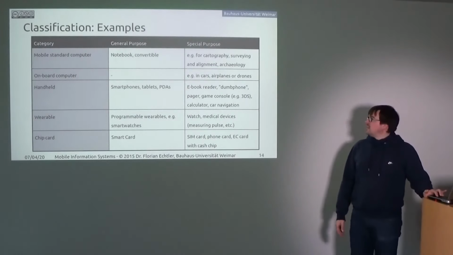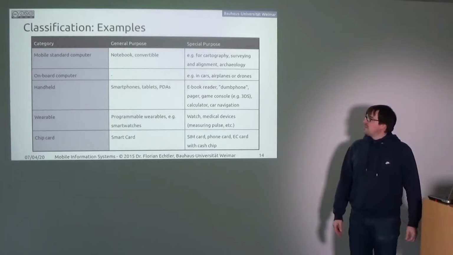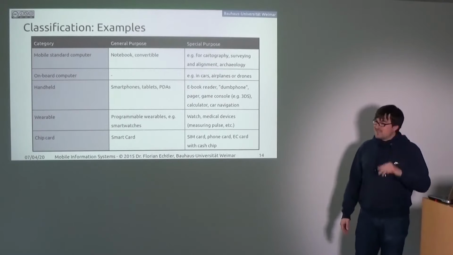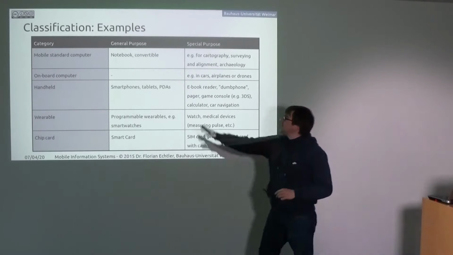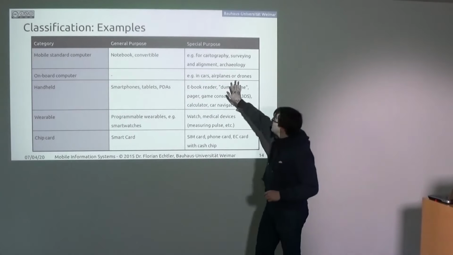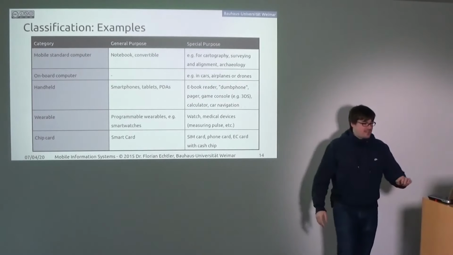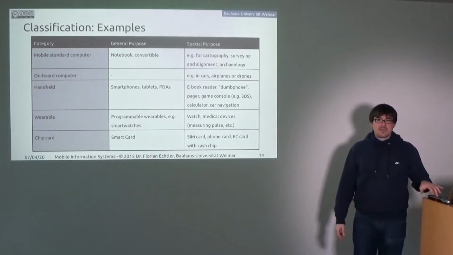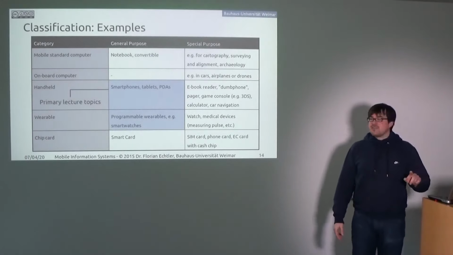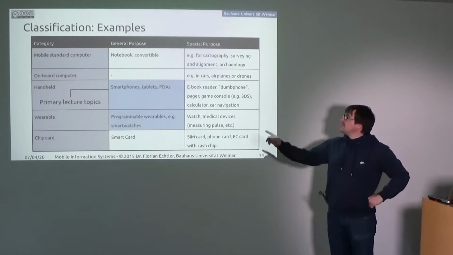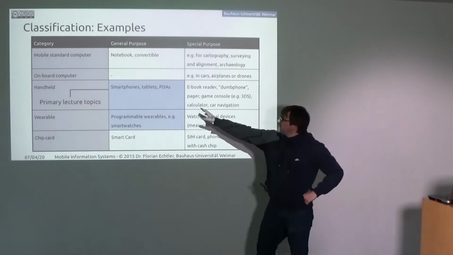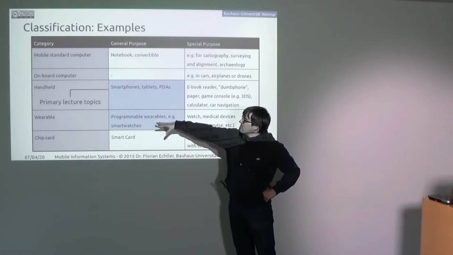All right, so here's again an overview over the different types of devices and size classes. Here we have the general purpose devices, and here we have the special purpose devices. For the scope of this lecture we're going to focus mostly on general purpose devices in that area of handheld and wearable.